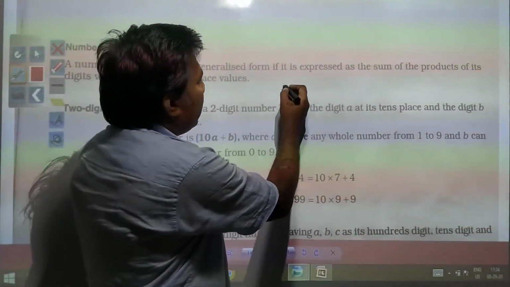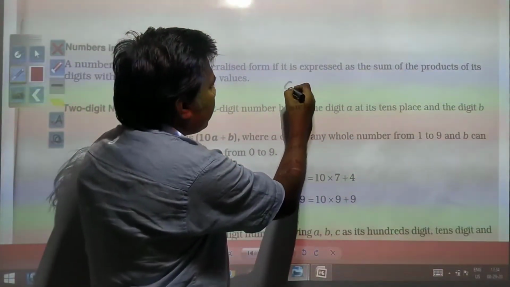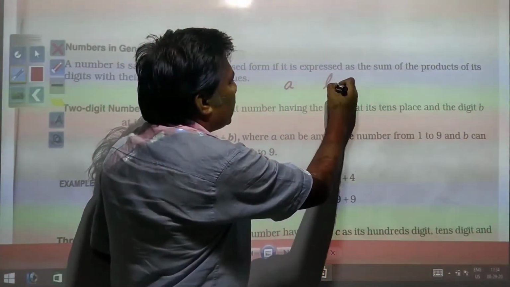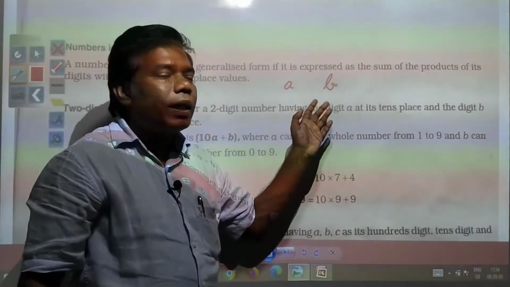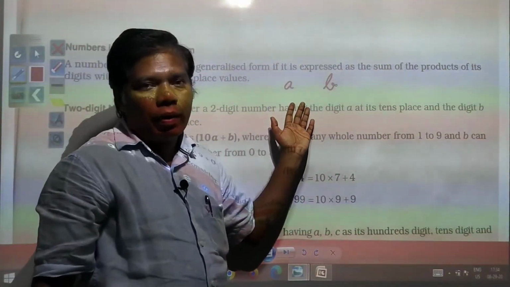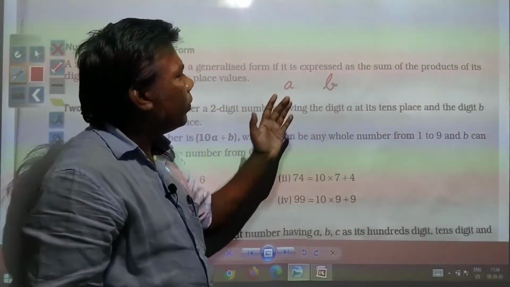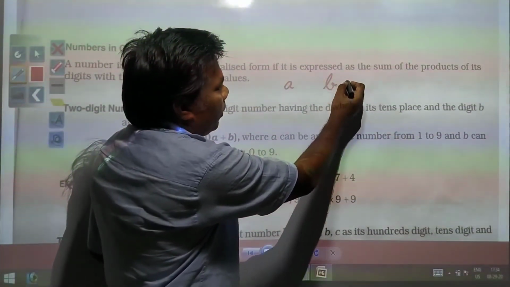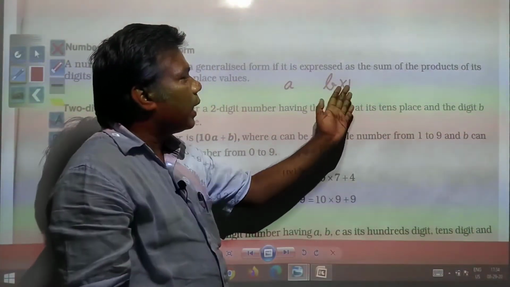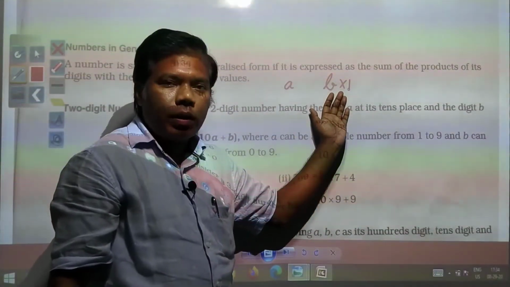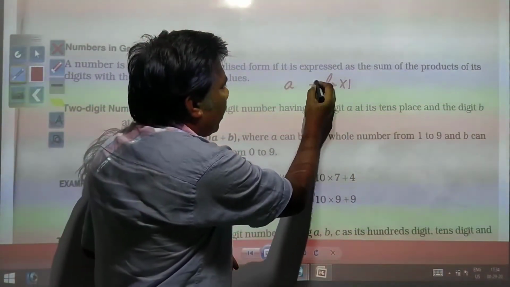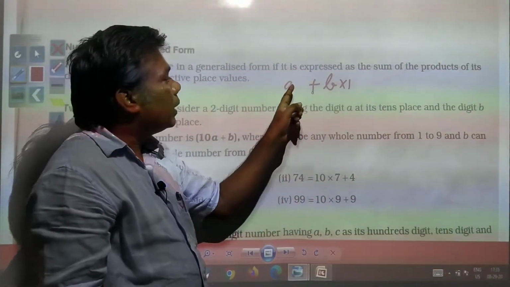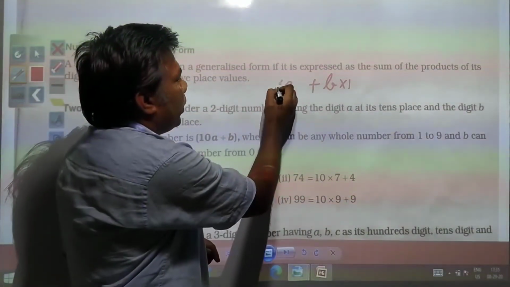When we write this number in expanded form, the unit place digit is multiplied by 1 or simply written, and is added to the tens place digit, which is required to be multiplied by 10.